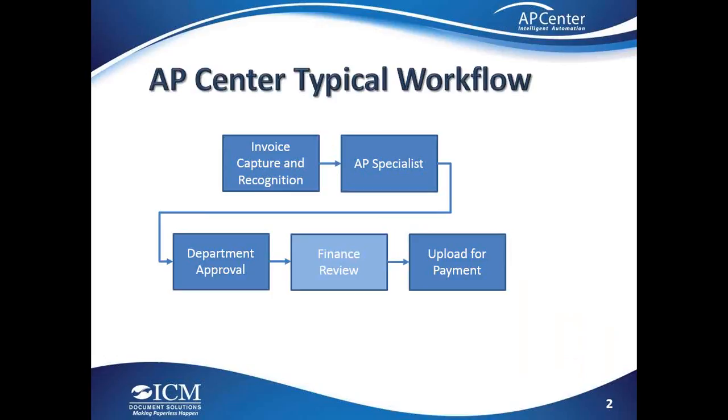So by the time the invoice has gone through the entire workflow process, you have a complete picture of the approvals it went through, the routing, and finally the payment information: your payment reference ID, your payment date, the payment amount, so that when researching that item in the future, you've got a complete picture of the item. That's the basic best practice workflow that we're going to be centered on today.